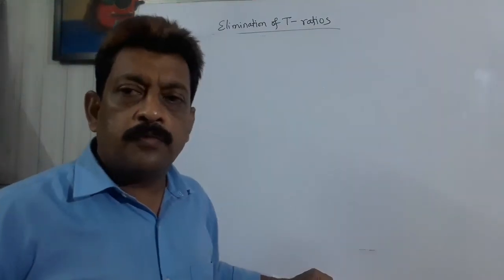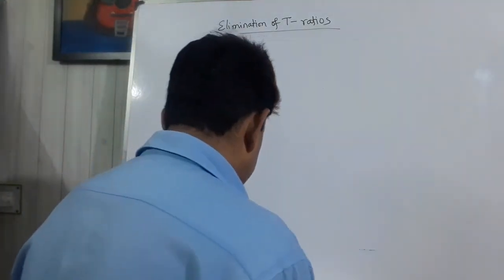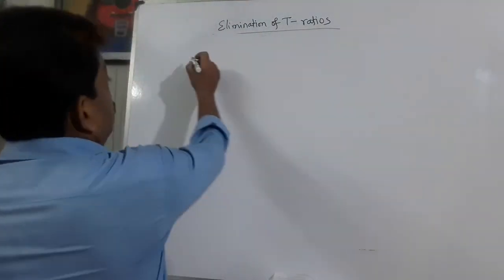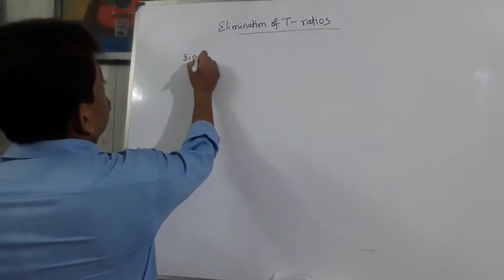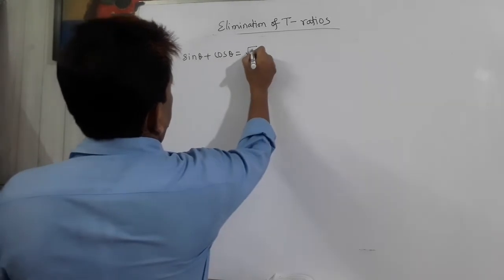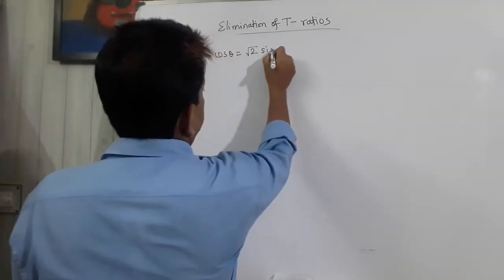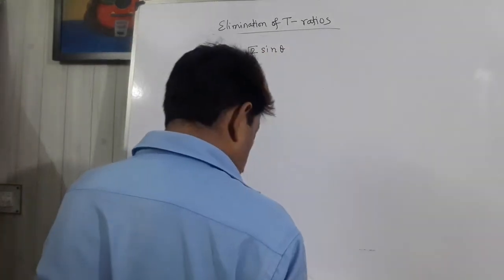One more sum of the same type, and it is also very important. The question is sin theta plus cos theta equals root 2 sin theta. What we have to prove?